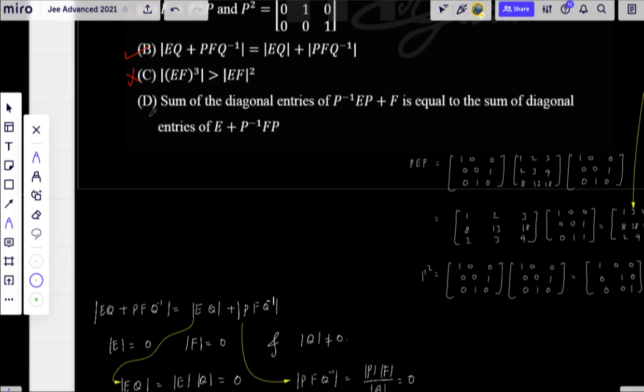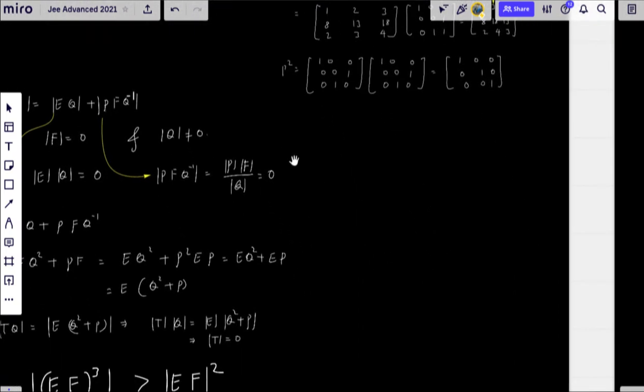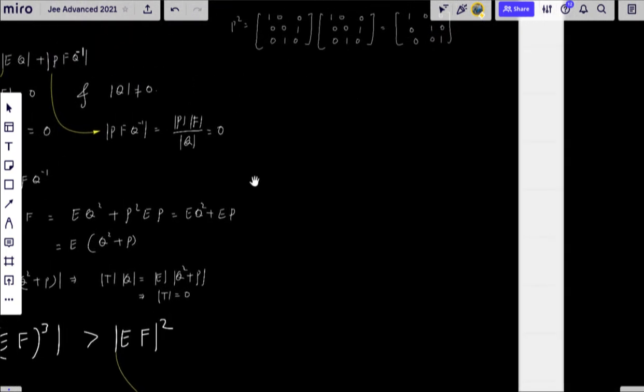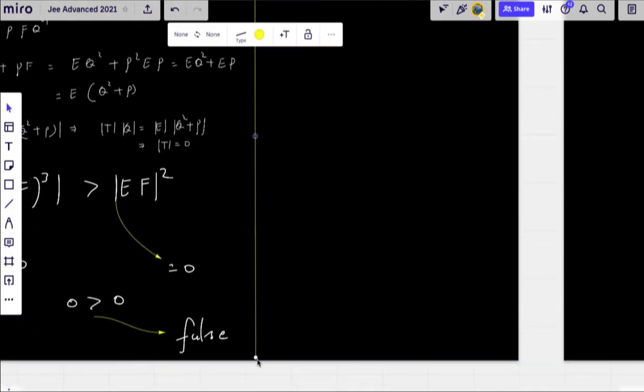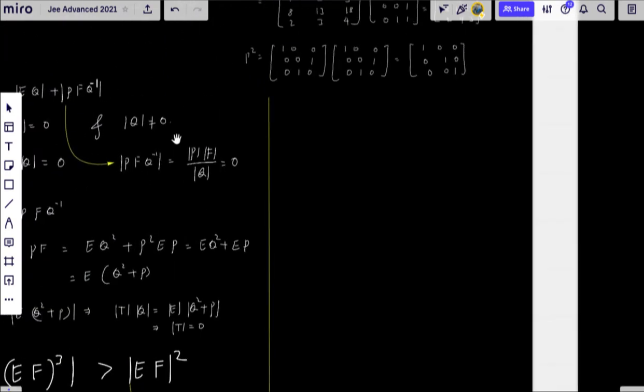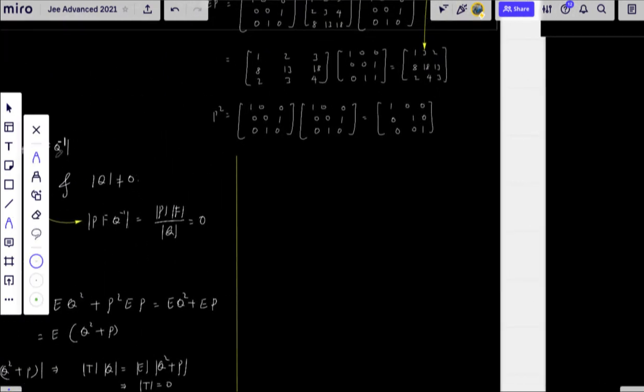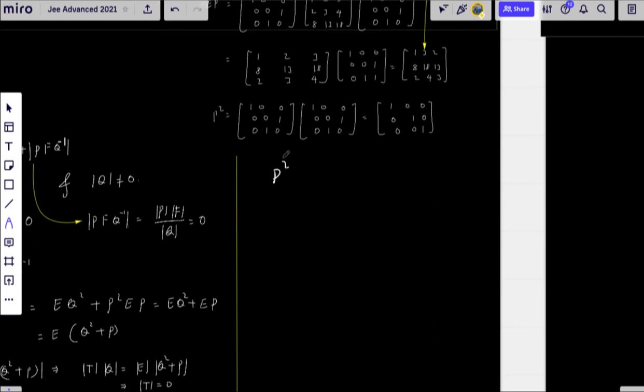Now what about this one, D? Let's see the D choice: the sum of diagonal entries of P inverse EP. Let's see for the last option. As you know, P square is equal to I, the identity matrix.